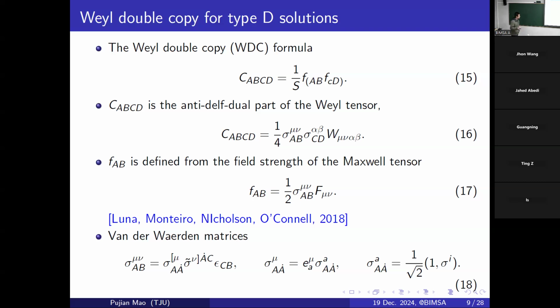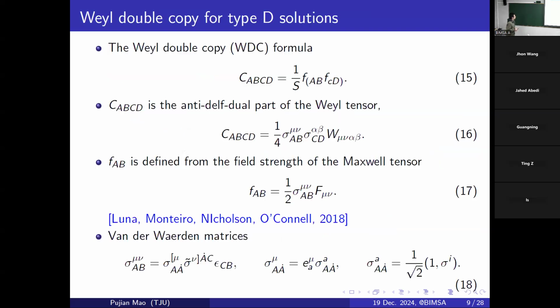The other question is whether, for each solution of gravity theory, you can find a decomposition like this. This is the question we can answer from the Weyl double copy relation.